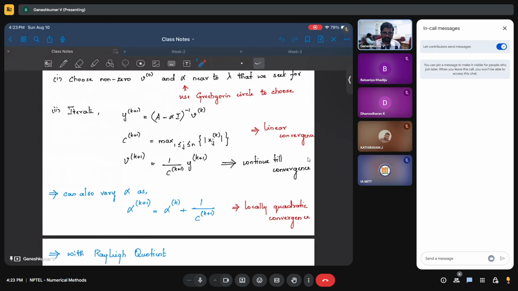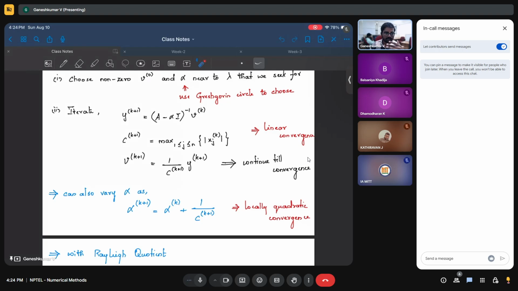So what people usually do is they multiply (A minus alpha I) on both sides, then this becomes identity. So this will become a system of linear equations, which we saw in the first week.